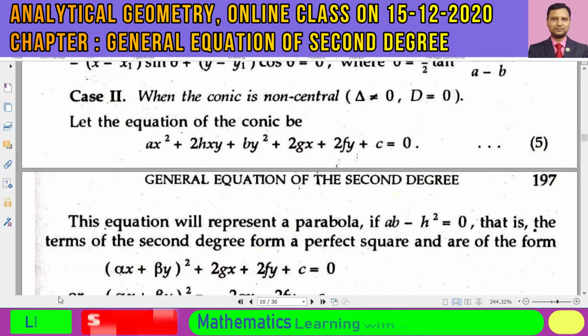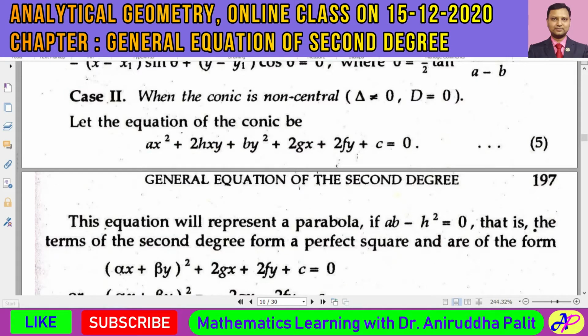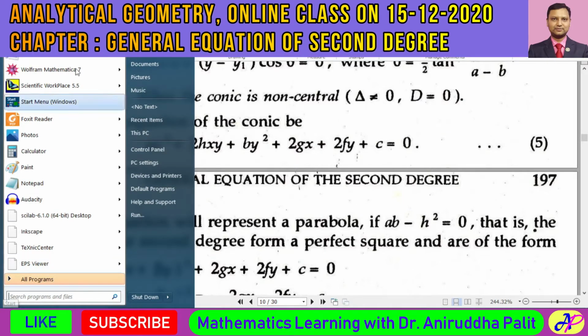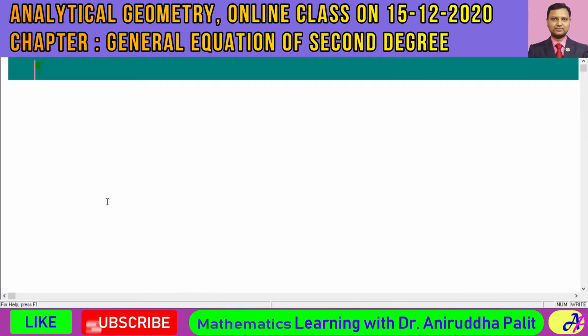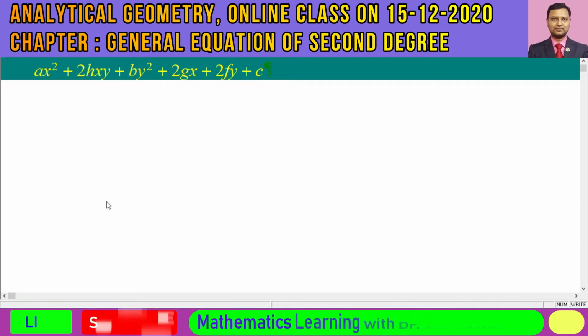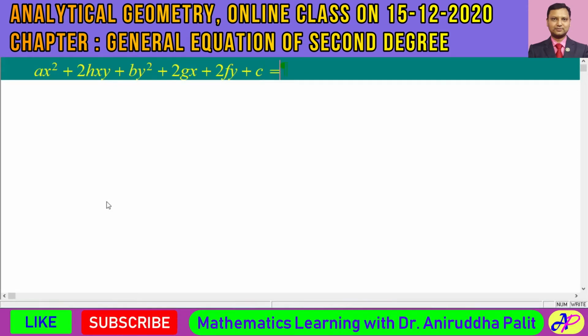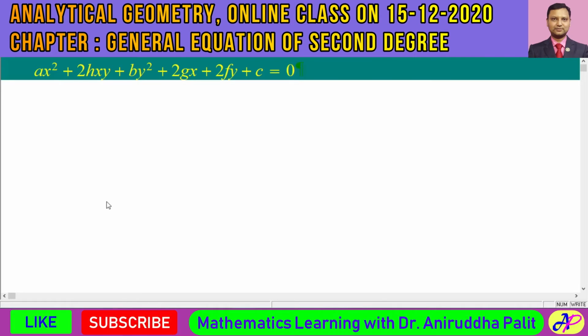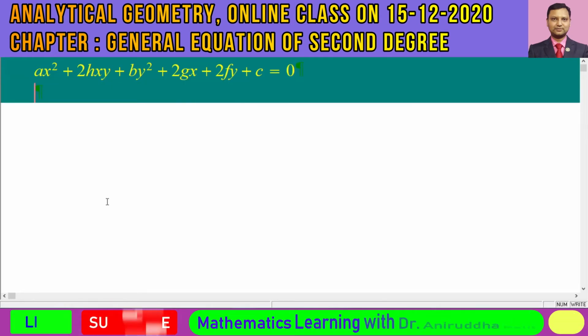But before that, let me show you what is the meaning of d is equal to 0. So given equation is this kind of expression is equal to 0. Now I would like to show you the meaning of d is equal to 0.